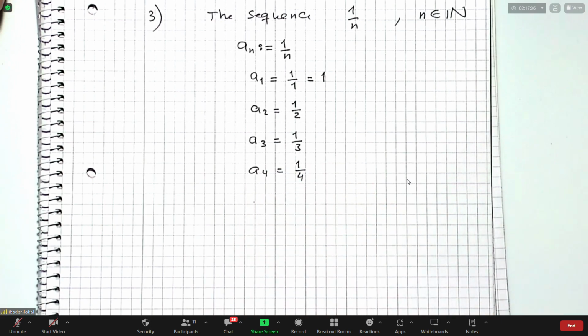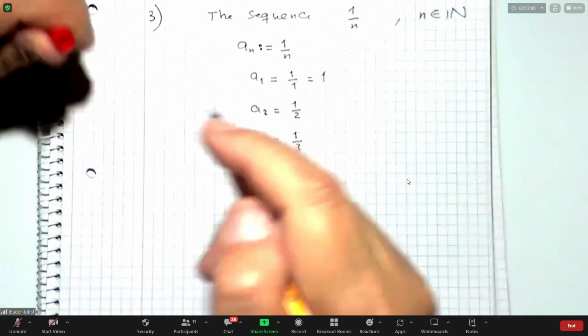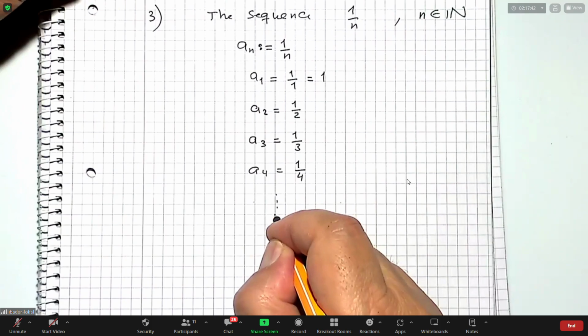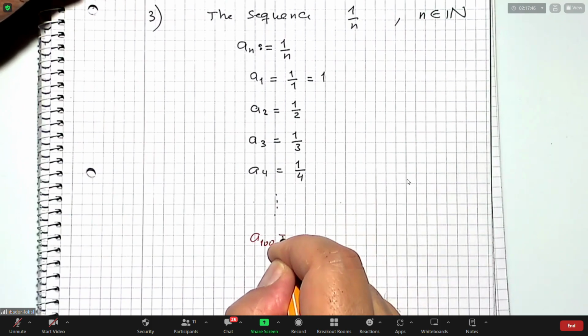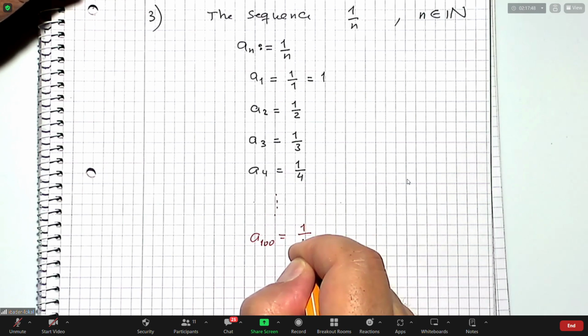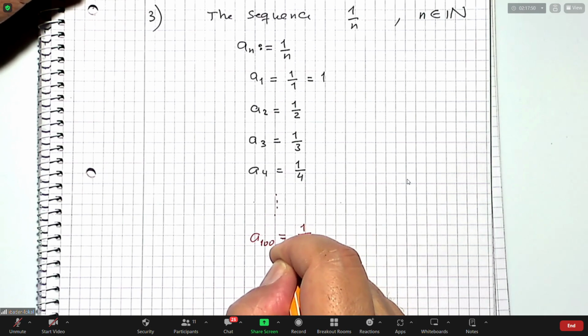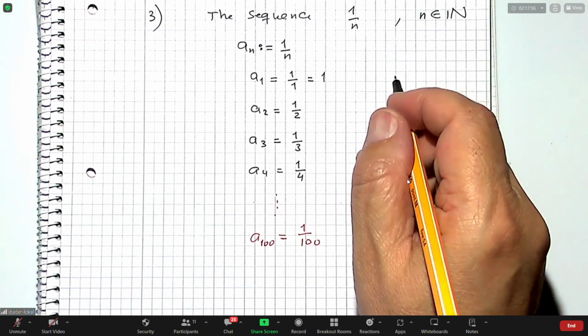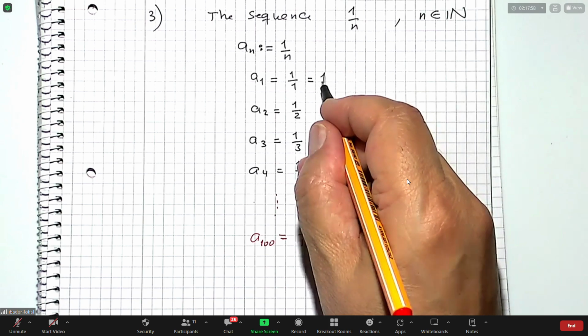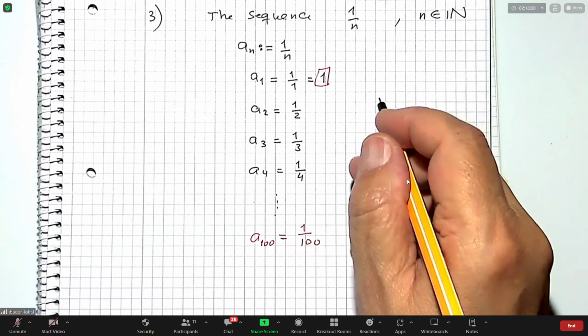So here maybe again let's predict the A100 here. It will be 1 over 100.